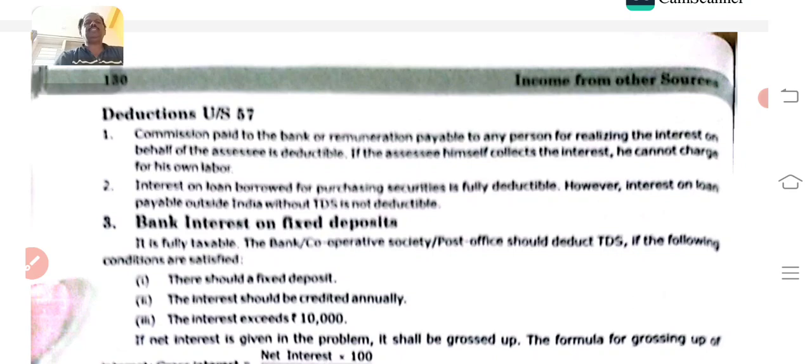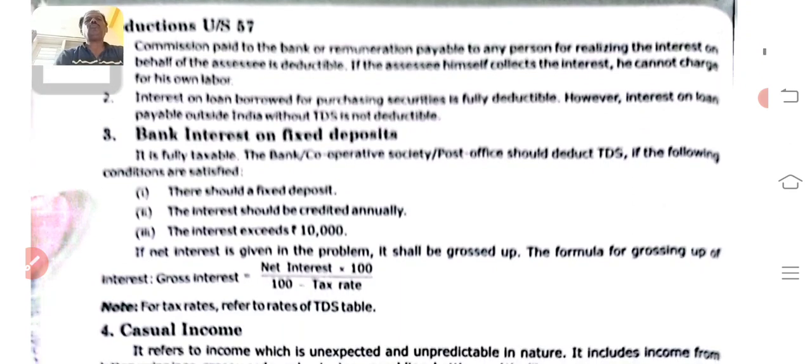If the assessee himself collects the interest, he cannot charge for his own labor. Interest on loan borrowed for purchasing securities is fully deductible. However, interest on loan payable outside India without TDS is not deductible.